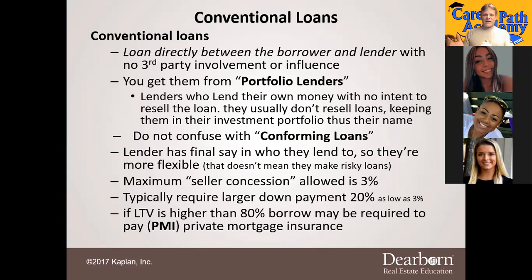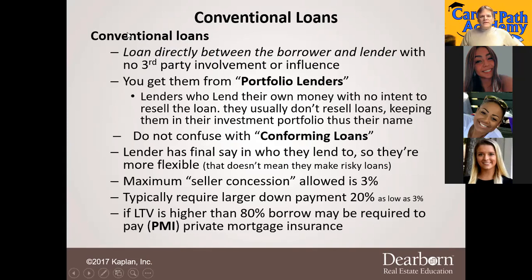Can't have more than 3 houses. Your debt to income ratio can't be off by a certain amount. They got all these different criteria. And obviously he did not meet them. But he was a low risk borrower. He wasn't somebody with poor credit and not a good history of paying his debts. Those are not the people you take to portfolio lenders to get a conventional loan.